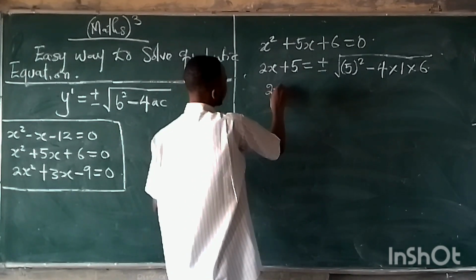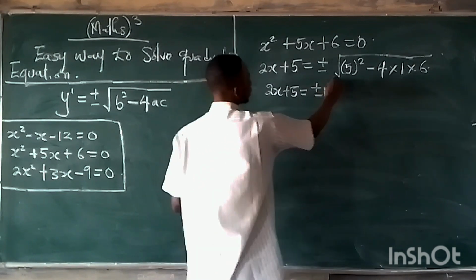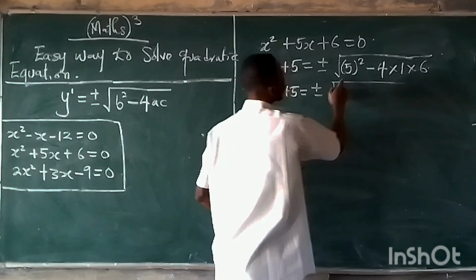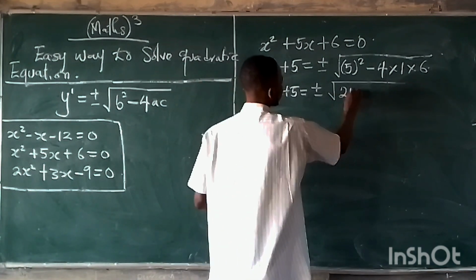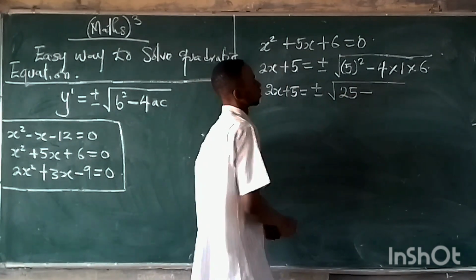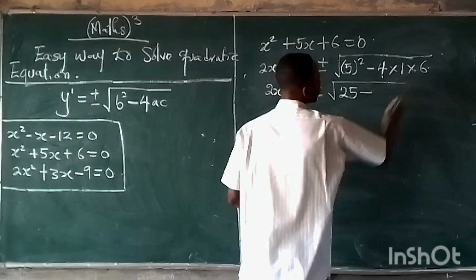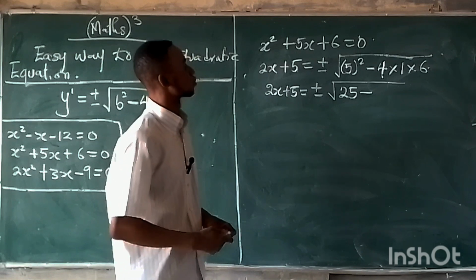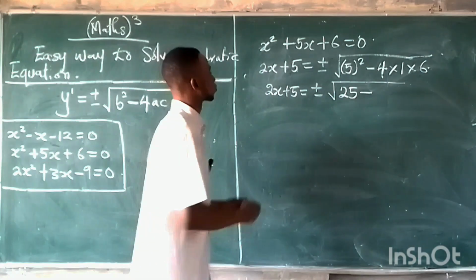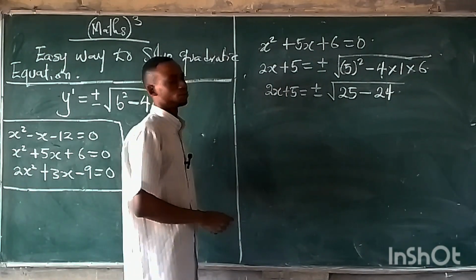Then 2x plus 5 equals plus or minus the square root of 5 raised to the power 2, which is 25, minus 4 times 1 times 6. 4 times 6 is going to give us 24.